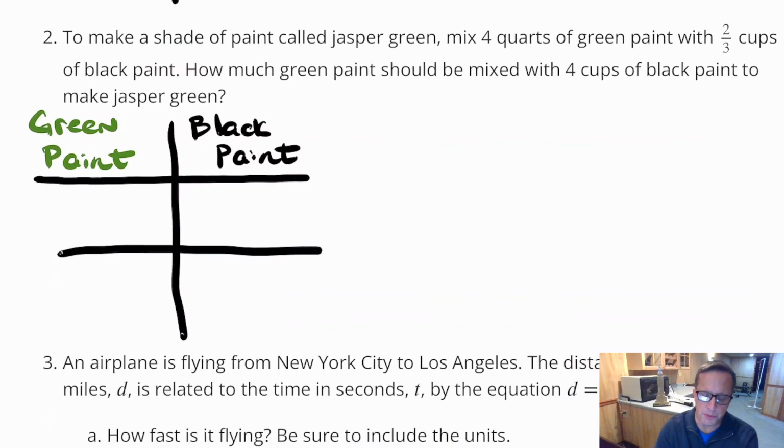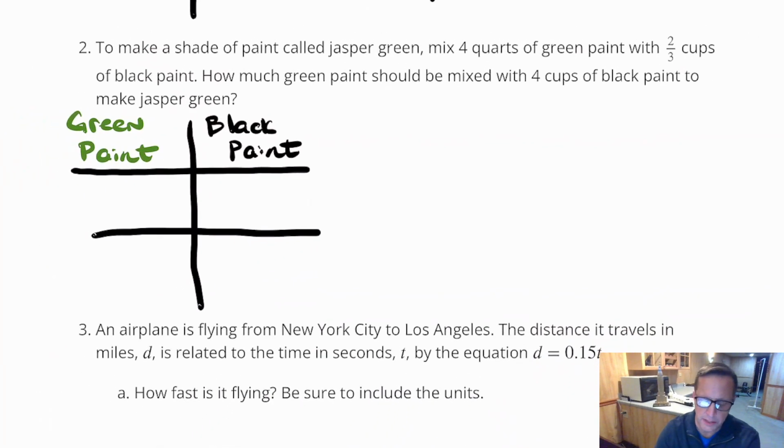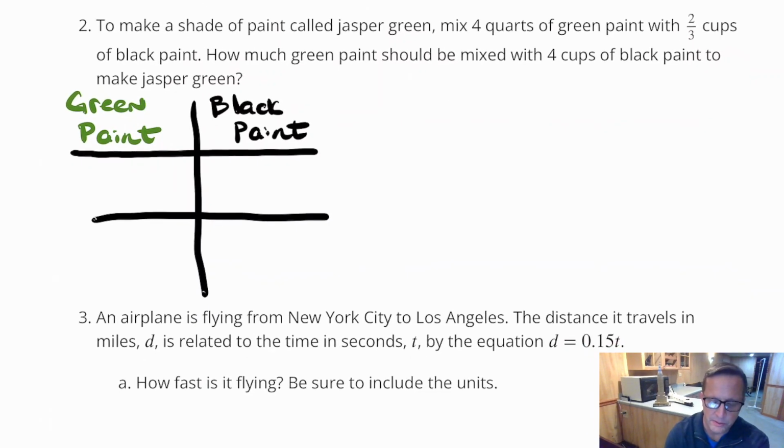For number 2, to make a shade of paint called Jasper Green, mix 4 quarts of green and 2/3 cups of black. How much green paint should be mixed with 4 cups of black to make Jasper Green? Just like we did in the last problem, let's set up our table of information here.